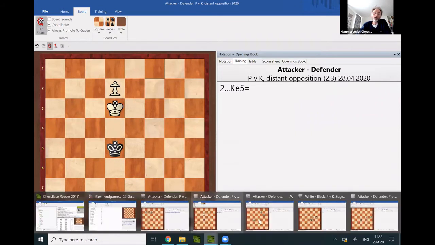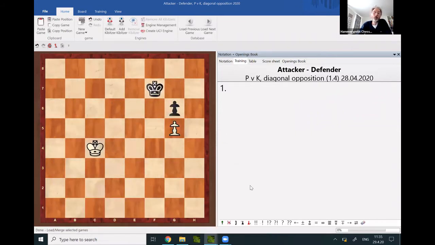There is also diagonal opposition. Again, diagonal opposition is also very often a tool or an interim step to enter a close opposition. In this case, that would be on one diagonal, the closest distance to your opponent's king.